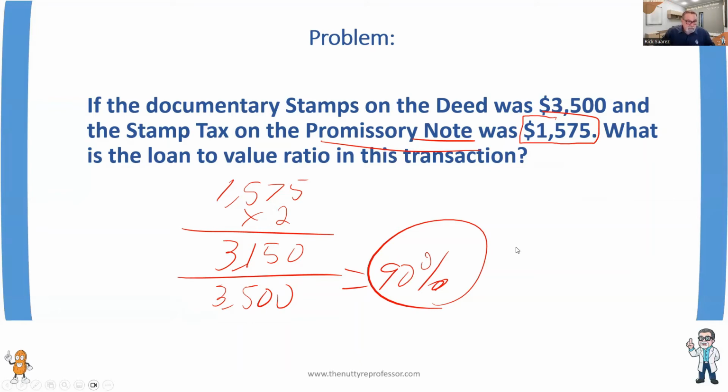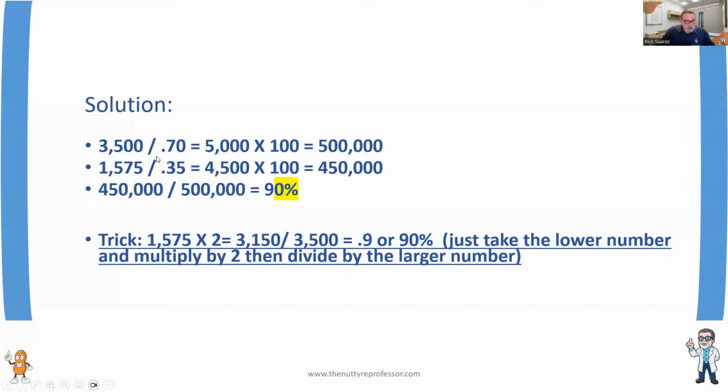Let's look at another one. Oh, here it is, nice and clean, right? Showing it to you nice and clean. This is the long way: 3,500 divided by 70 cents is 5,000 times 100 is 500,000. Here's the other one, the loan: 1,575 divided by 0.35 equals 4,500 times 100 is 450,000. 450,000 divided by 500,000 is 90%.